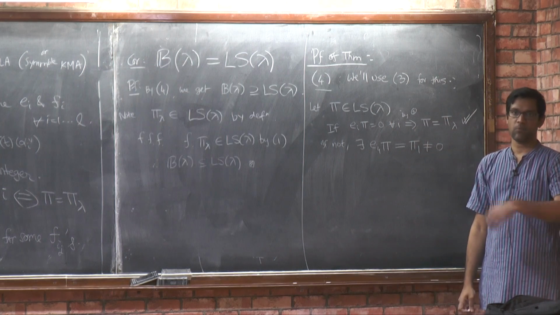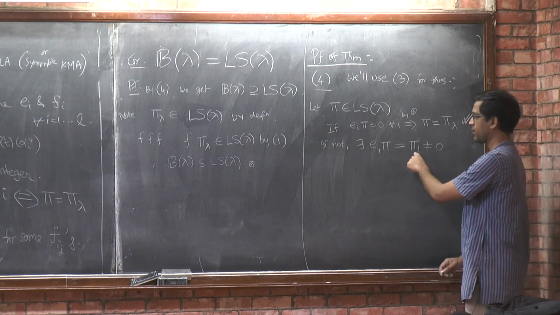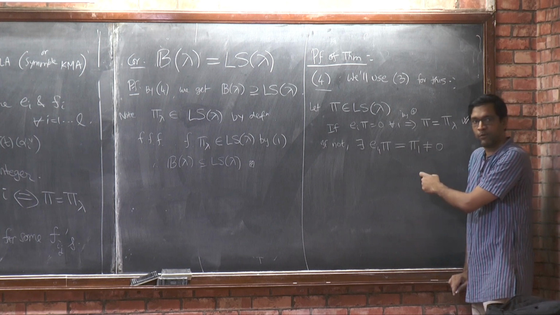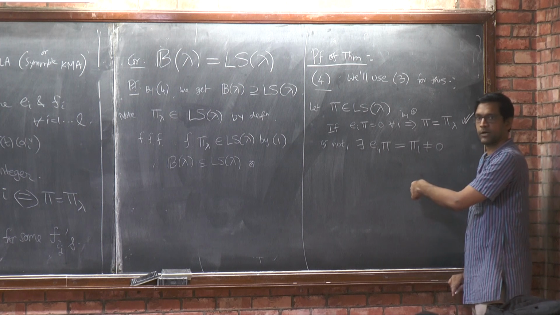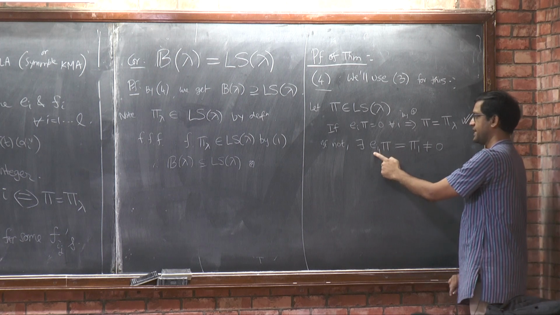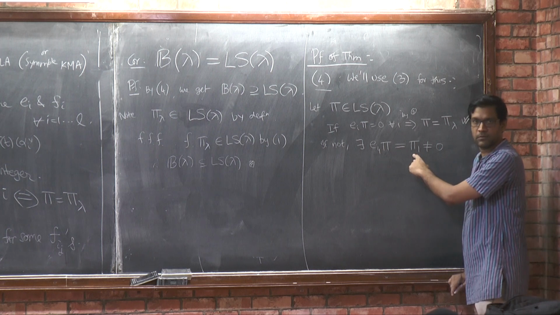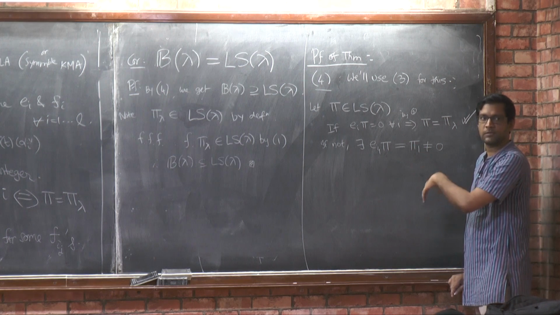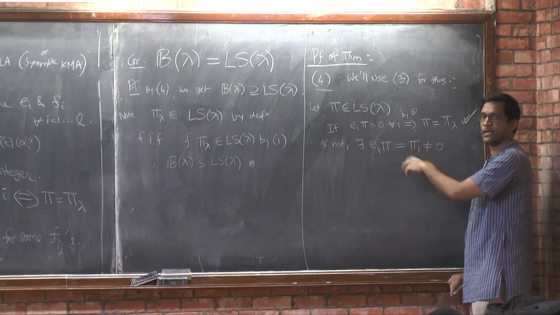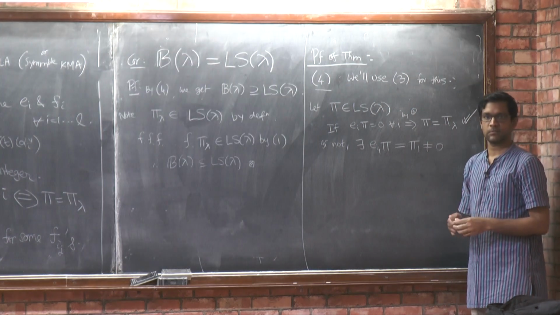Now if pi 1 is killed by all the EIs, then pi 1 must be pi lambda. Again I am done, because pi 1 is just E_i1 pi, so pi can be obtained as F_i1 acting on pi 1. So if pi 1 is killed by all the Es, I am done. If not, there is some E which will act on pi 1 and give me another path. Correct? So I keep going like this.